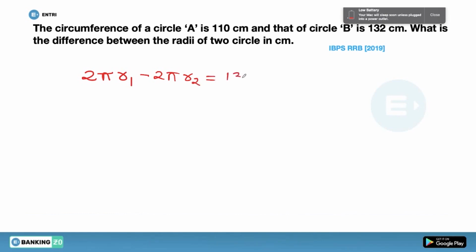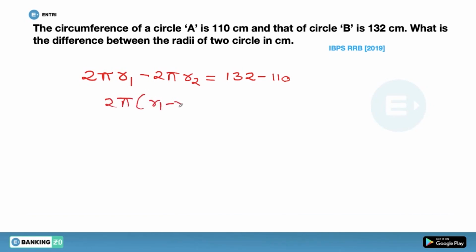This will give us the value as 132 minus 110. This means that taking 2 pi as common, r1 minus r2 is equal to what? It's equal to 22. Now since we are asked the difference between the radii of the two circles, we can leave these as it is and try to solve it.